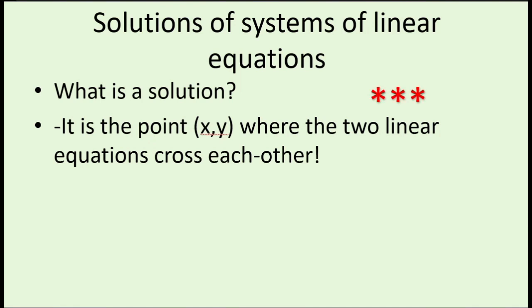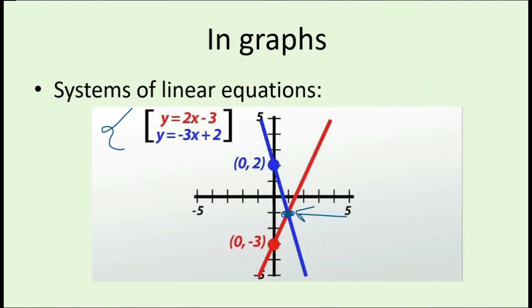That would be the solution of 1 million equations, right, that cross each other. But here in the SAT exam, we're only dealing with systems of 2 equations, and therefore you don't need to worry about anything.